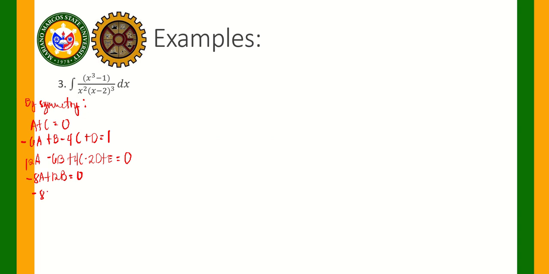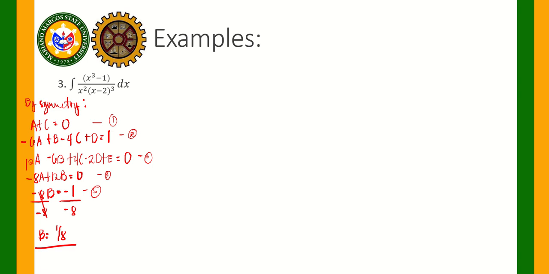So this is equal to negative 8b equal to negative 1. So if we divide both sides by negative 8, we have a value for our b that is equal to 1 over 8. So let this be equation 1, equation 2, equation 3, equation 4, and equation 5.